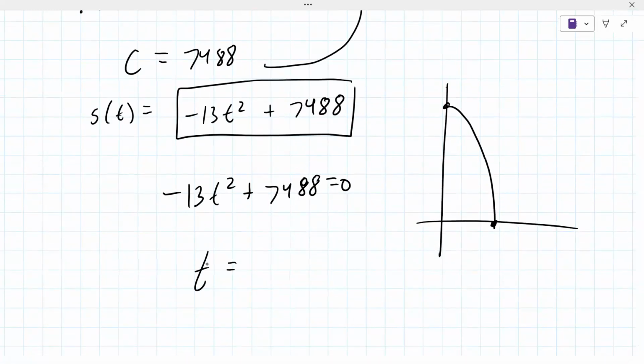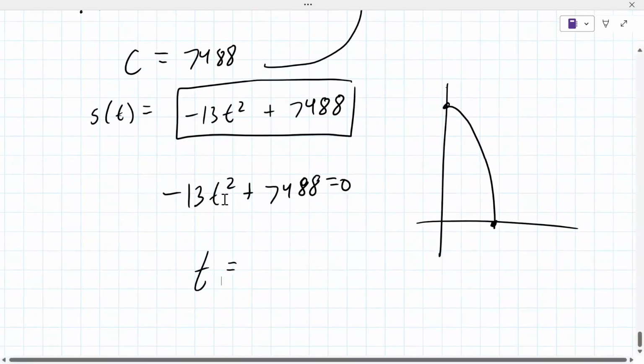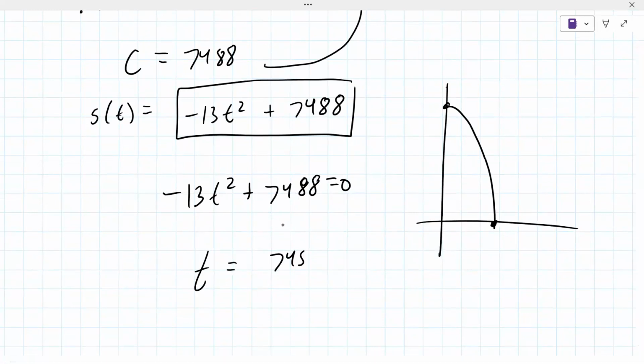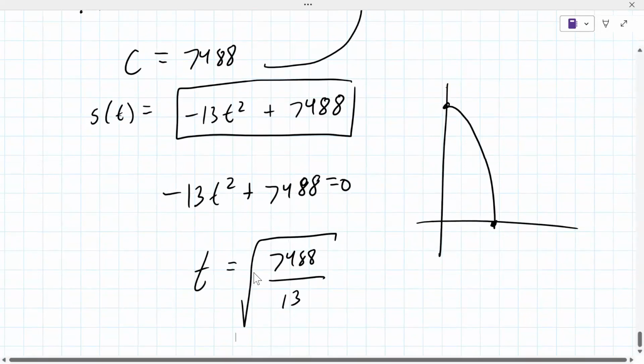So t ends up being, you move this whole term over, you divide by 13, you take a square root, and it says simplify your answer. Huh? You can't imagine that works out, but it does. Wow, it actually works out perfectly. 24 seconds.